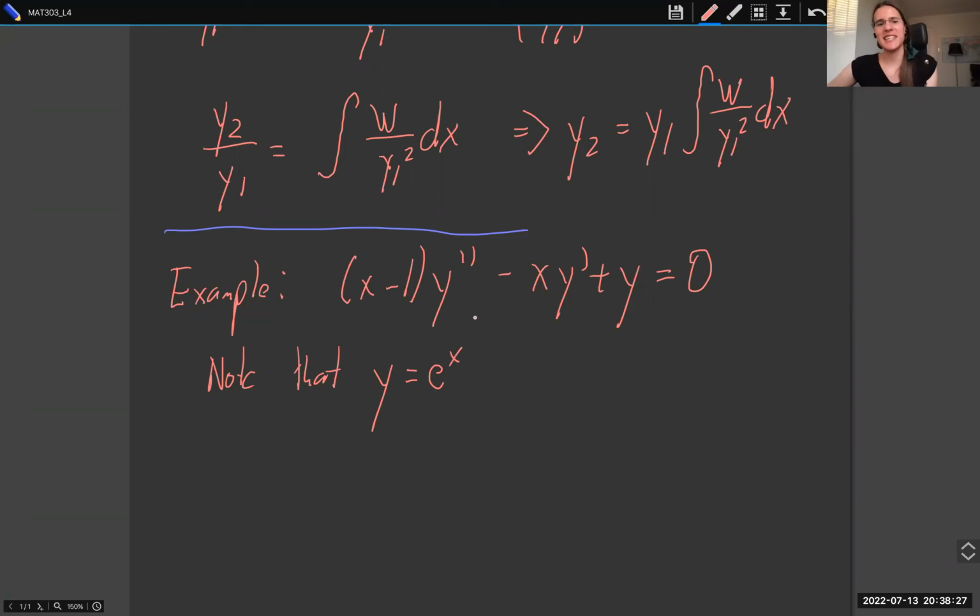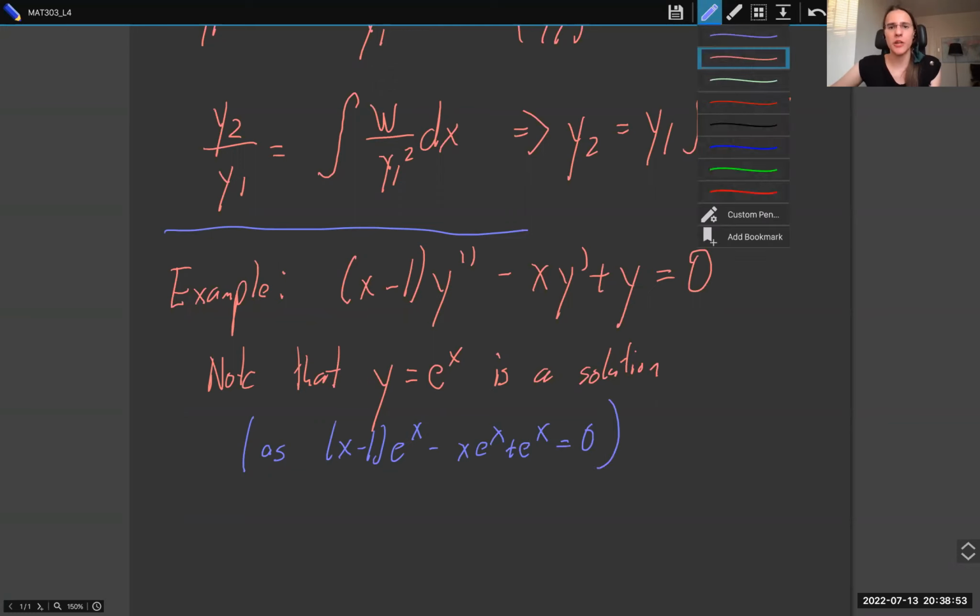So if y is e to the x, then this is a solution. Good on you. Because x minus 1 times e to the x, minus x e to the x, plus e to the x is equal to 0, right? So we're able to find one solution.